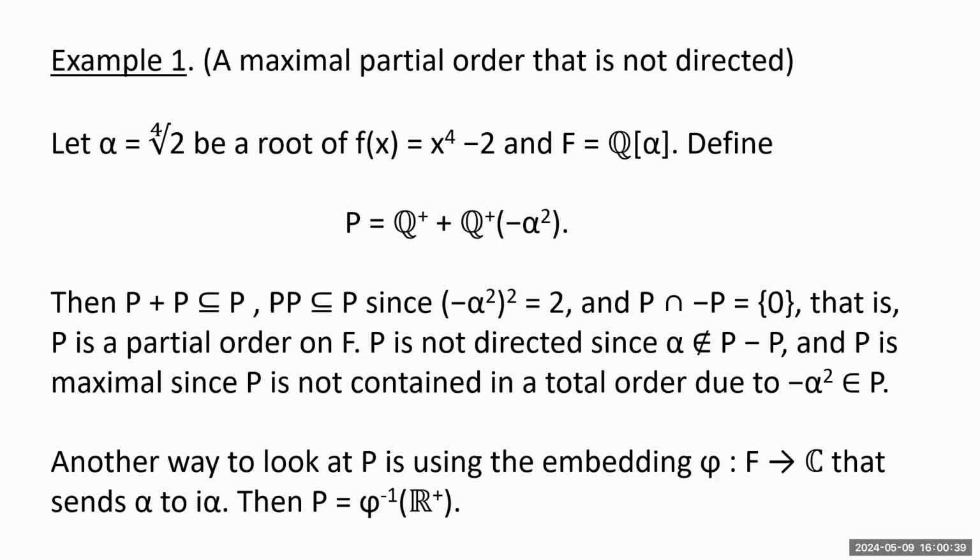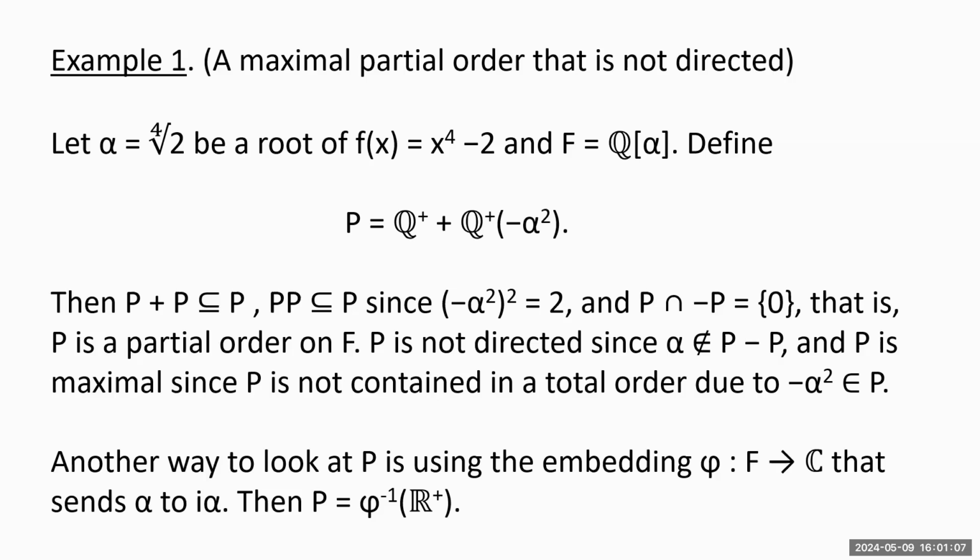Then this will be maximal because P is not contained in any total order, because in any total order alpha squared must be positive. We cannot have negative alpha squared in P. Also, another way to look at this P, we can use an embedding from F to the complex field.